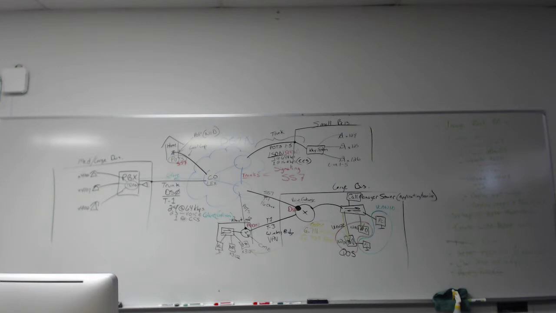Let's see if we have any other. There should be a medium one as well. That's what the G711 was. Medium. Where's the high one? G711 is medium complexity.